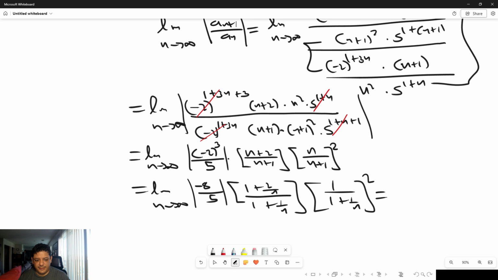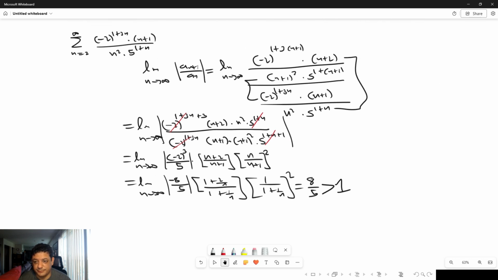And so now we have 8 over 5, which is bigger than 1. So we're actually going to have that this is divergent. So this is divergent by the ratio test. So this was unexpected. I was expecting this to honestly be a convergent situation, but that's not going to be the case.